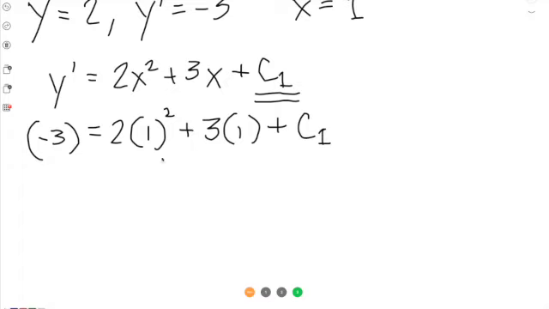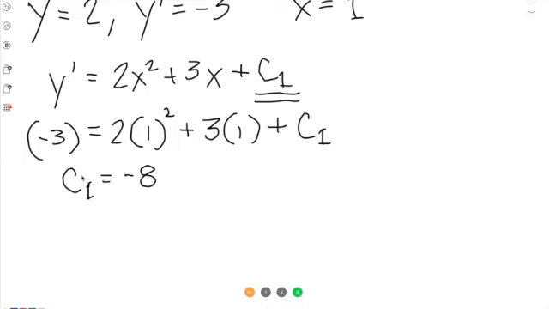So here we transpose everything to the left, and we have the value for c1 as 2 plus 3, so that would be 5, transpose to the other side, that would be negative 5, that would be c1 equals negative 8.